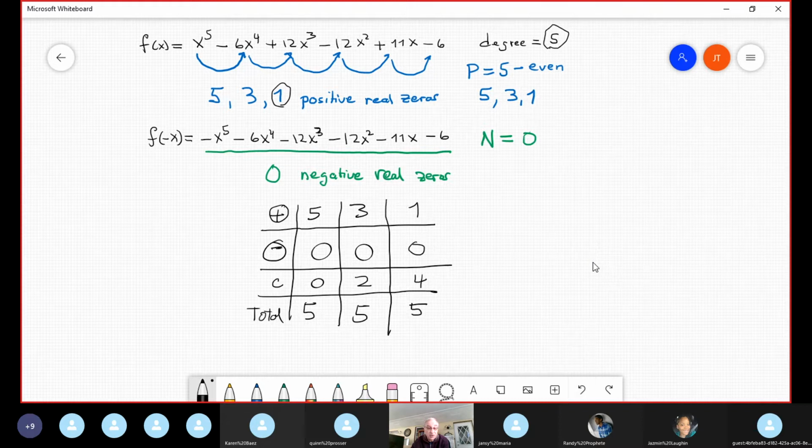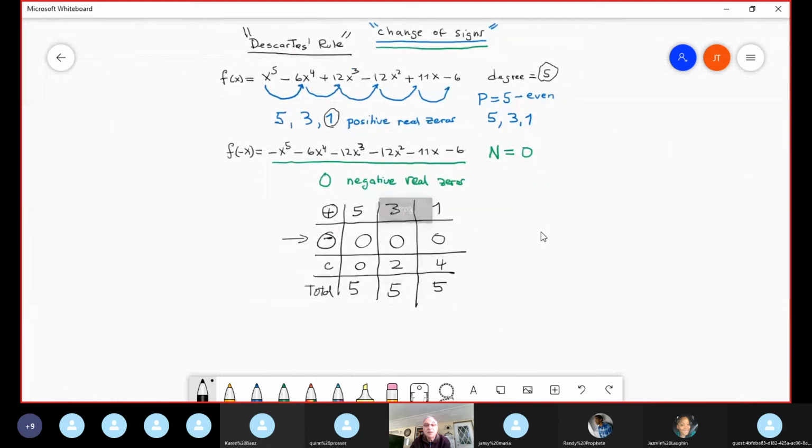I know for sure that we have no real negative, and I don't know if we have 0 complex or 2 complex or 4 complex. Okay? That's it, no? This is just the beginning. The Descartes rule helped me a little bit.